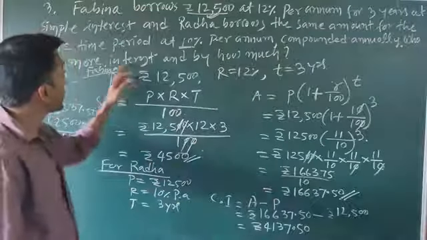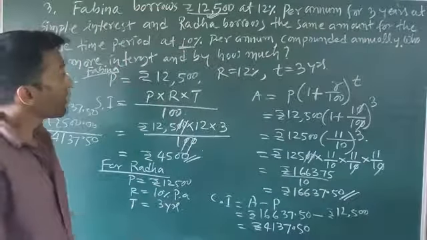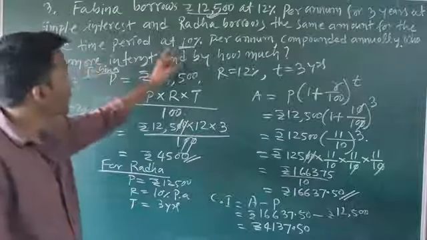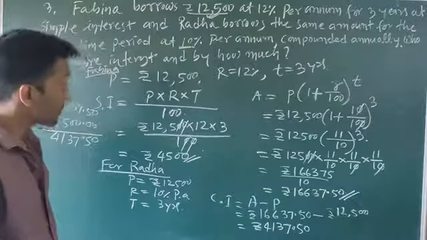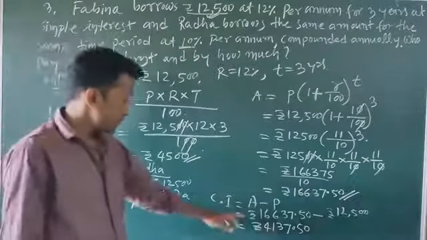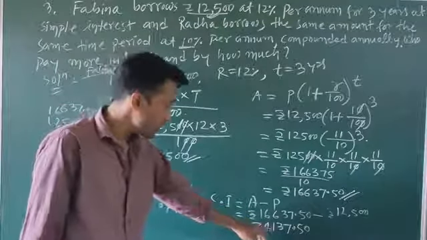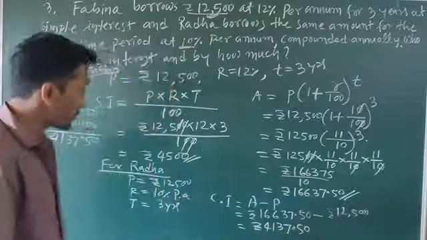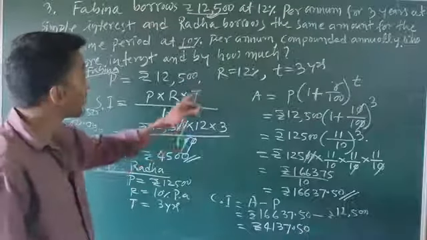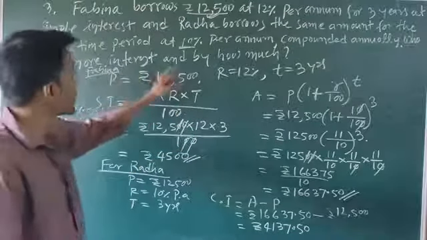When Radha borrows the same amount for the same time period at 10% per annum compounded annually, at that time she pays interest 4,137.50 rupees. So now you see the question, who pays more interest and by how much?